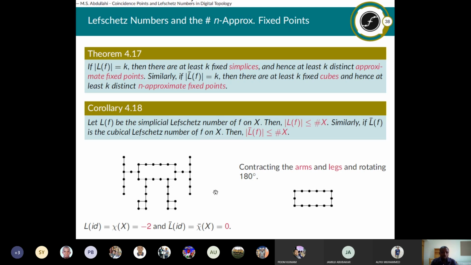We are not going to leave it like that. We are going to rotate it 180 degrees. Then all these points will move, and none of them is fixed, so this function does not have any fixed point, and this function is homotopic to the identity mapping.